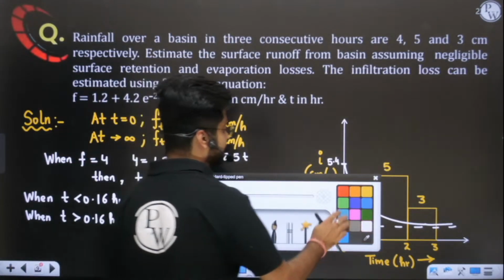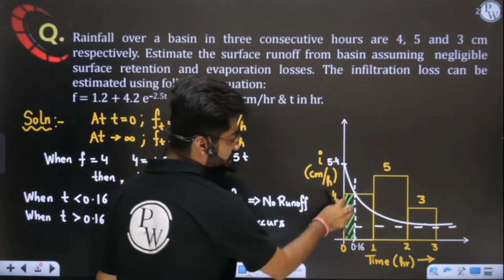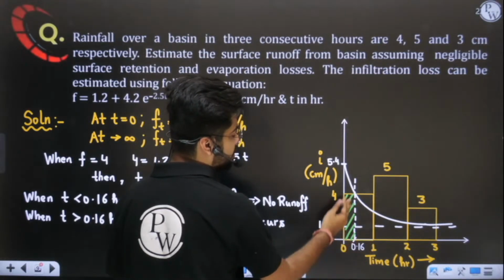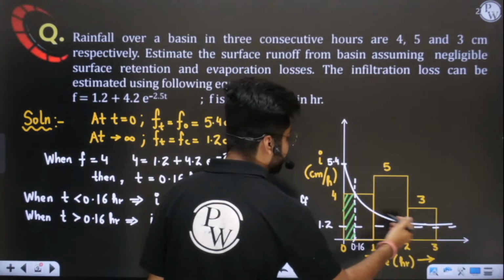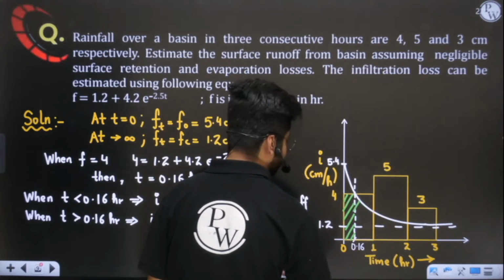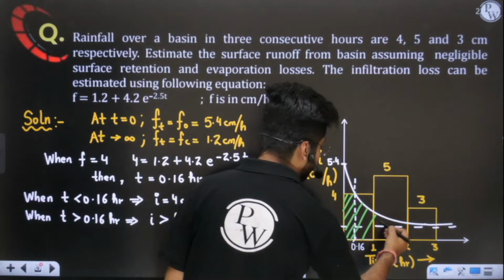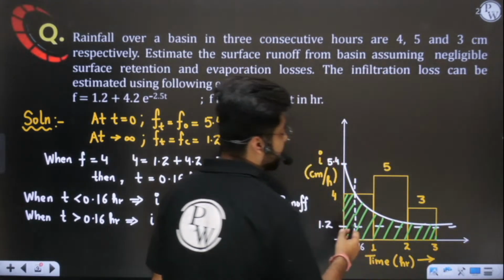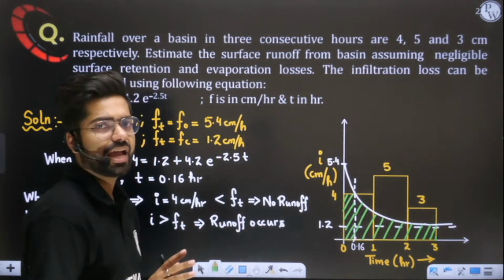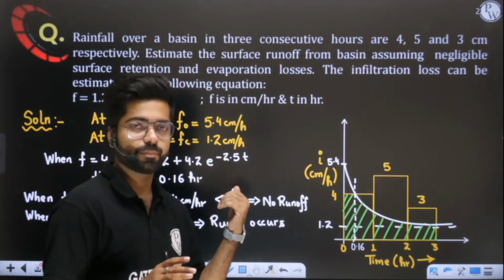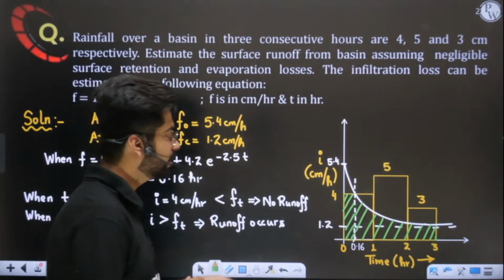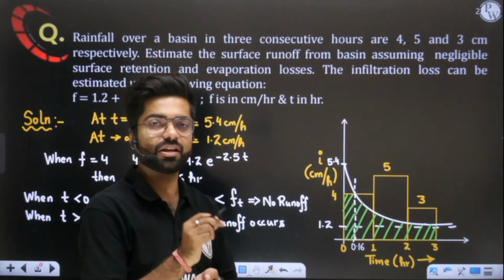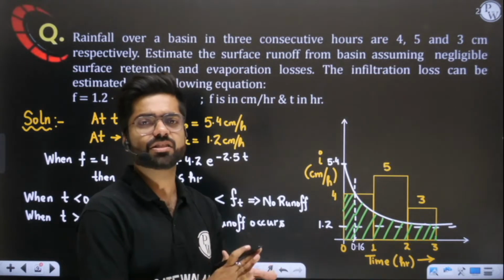The shaded area, which I will shade in green color, is the rainfall before 0.16, which will go into the ground directly, and after 0.16 we will find the area under this infiltration curve normally, as we did in the last class. We calculated the total depth of infiltration simply by integrating to get the area under the infiltration curve. This we have already discussed.